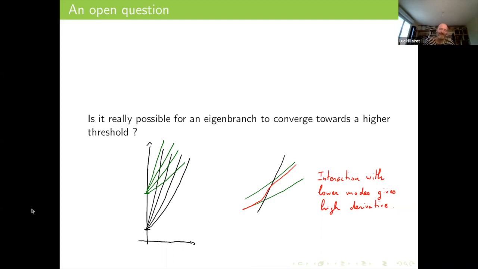My statement was not precise enough. My point is that if you have eigenbranches that converge to a higher threshold, then there must be a reason for it.